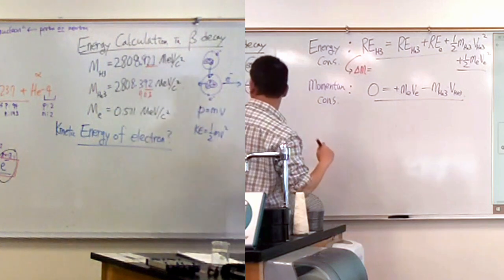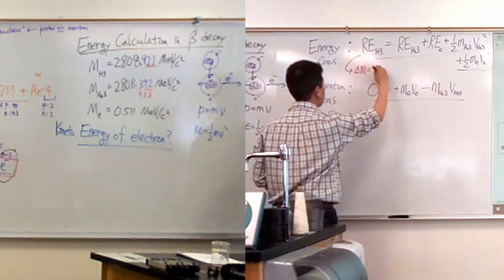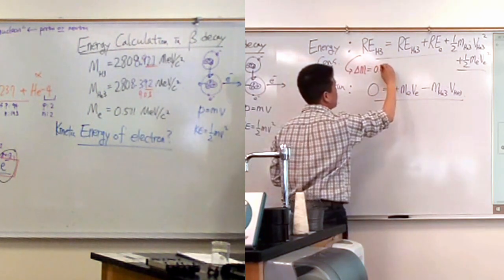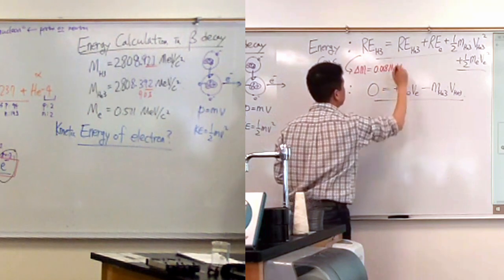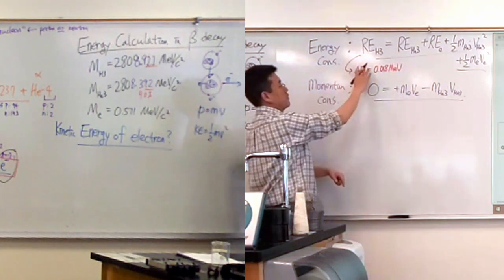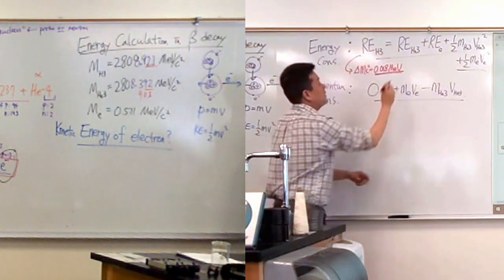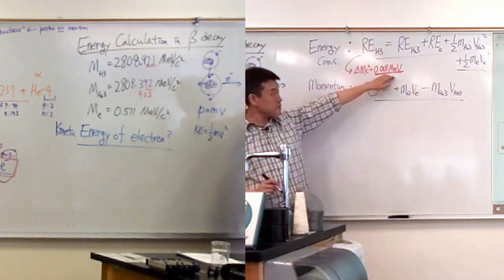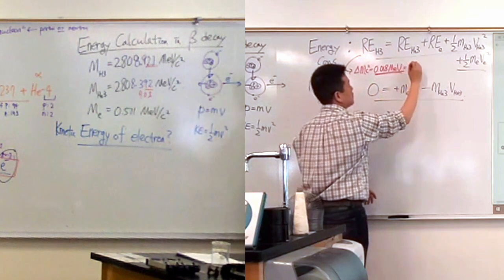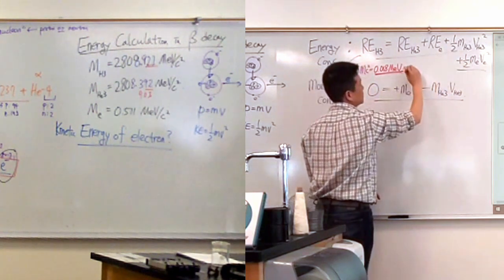Also, the difference is not that big. It's 0.018 MeV. For the rest energy, you really have to multiply it by c squared. So that's the difference in the rest energies. So this difference is equal to the kinetic energies.